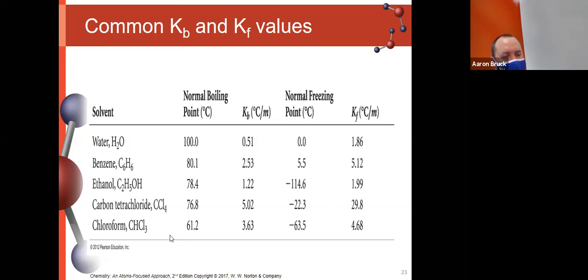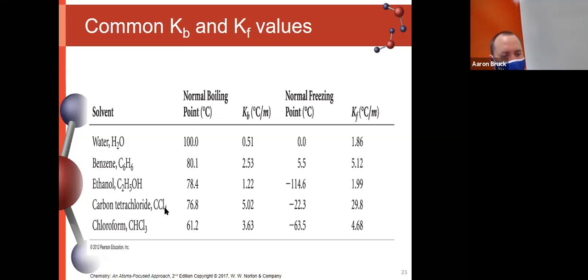So you take a look at something like carbon tetrachloride. Carbon tetrachloride, I've got a Kb value of 5. Everything else is in and around 3 or lower. I've got a Kf value of 29.8. Everything else is at 5 or lower.